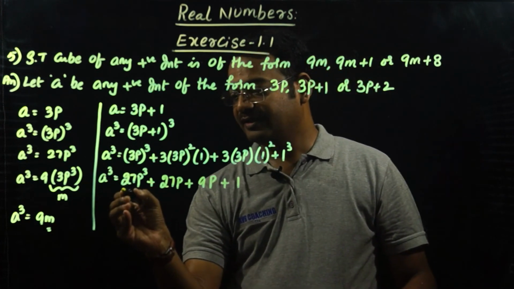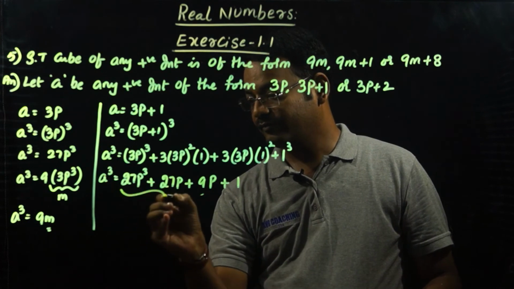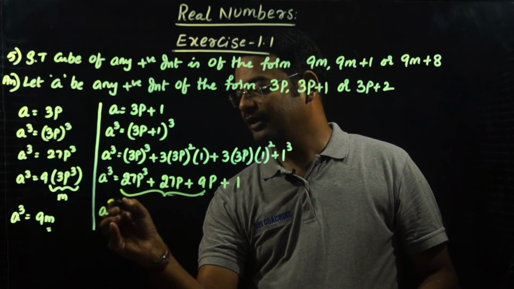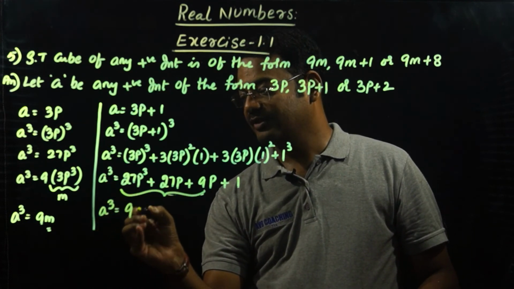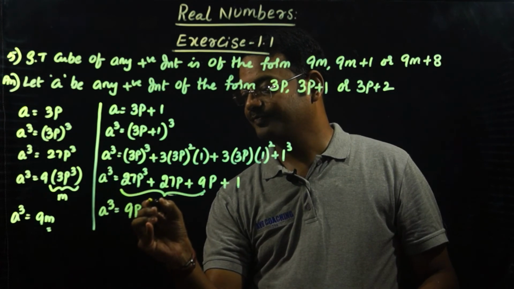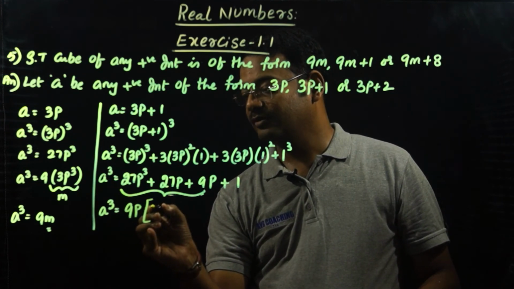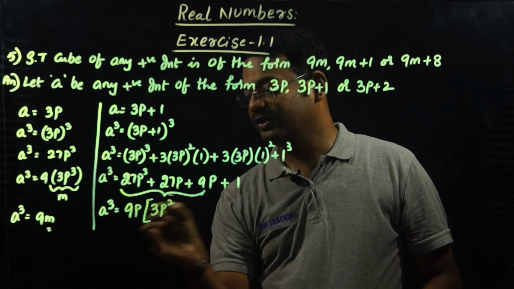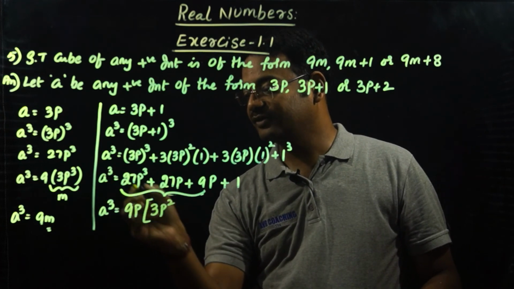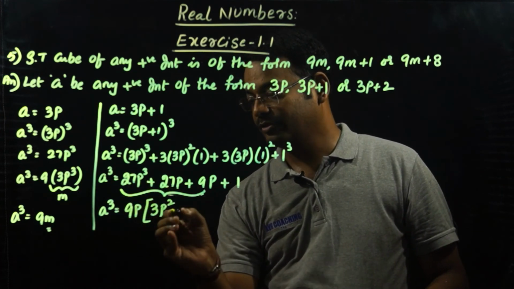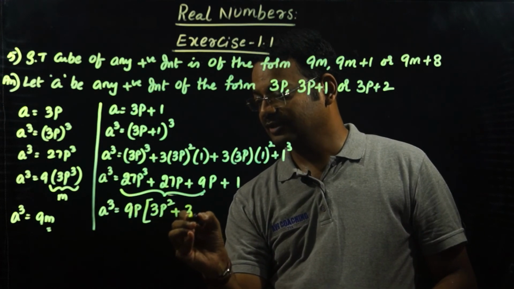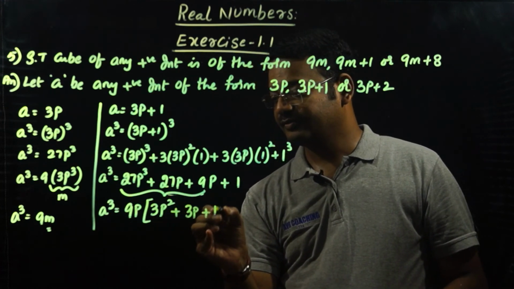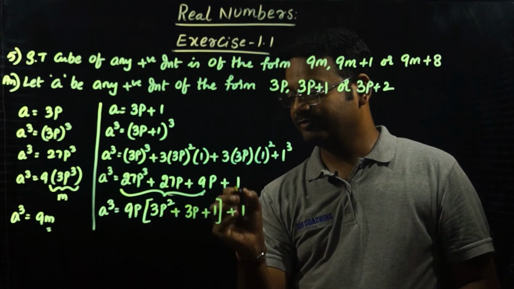Now if we take 9 common from this part, A cube equal to, we'll take 9p common, so this will be 3p square, 3 into 3 is 9, 9 into 3 is 27, p into p square is p cube plus 3p plus 1. Now this plus 1 will be here.